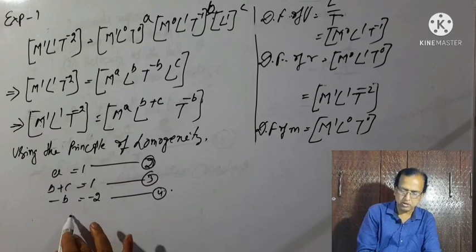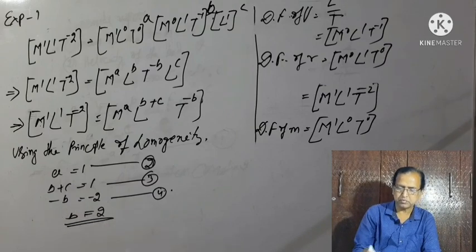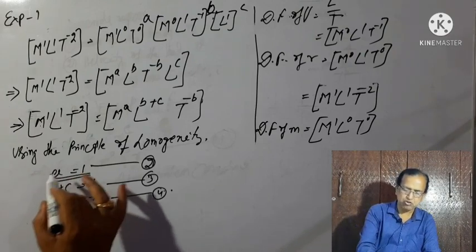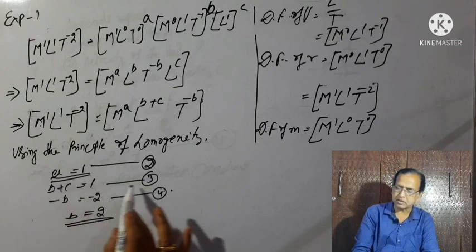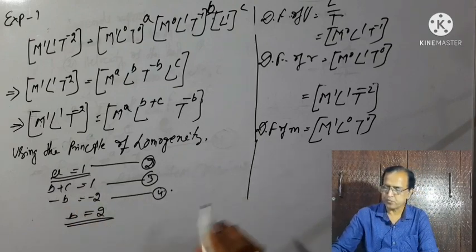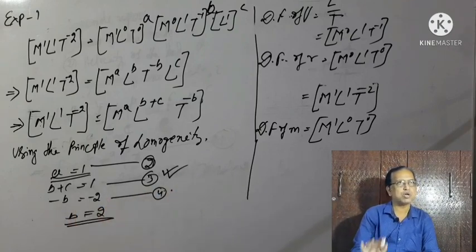From equation 4, minus b is equal to minus 2, which means b is equal to 2. And a is equal to 1. From equation 3, b plus c is equal to 1.